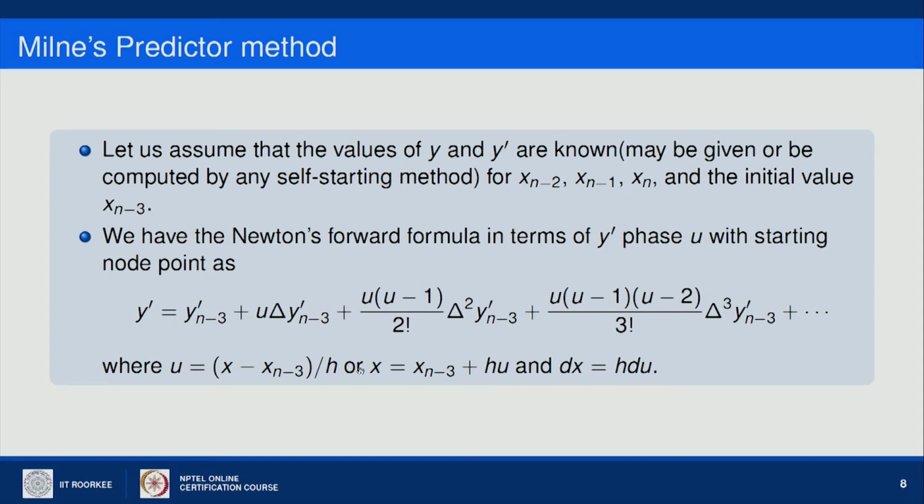So, we can write x as x n minus 3 plus h times u, and from here we can write dx equals h times du.